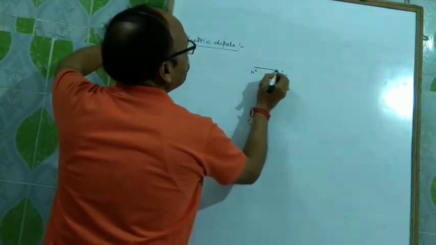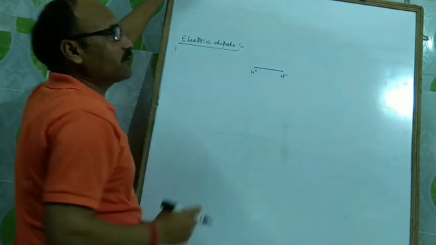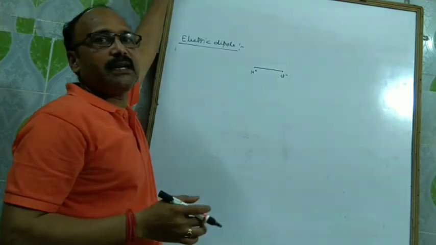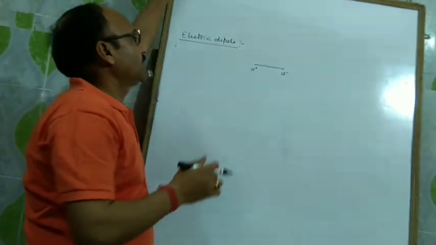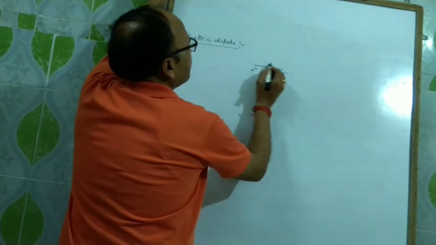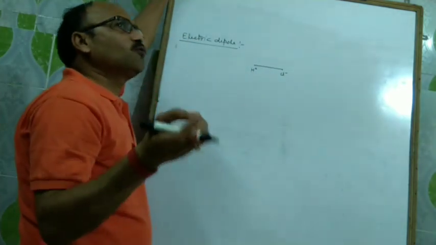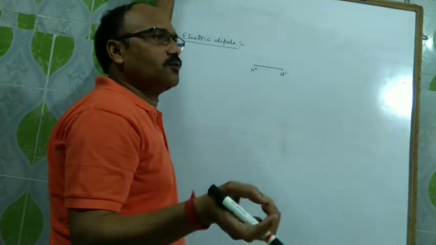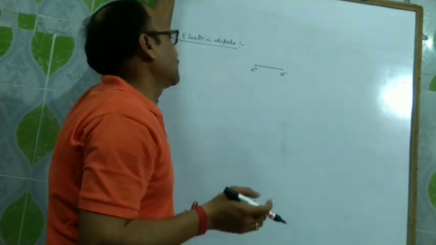So these two charges are equal in magnitude and opposite in direction, and these are separated by a very small distance. This distance is always represented by 2L, either by 2L or 2A or 2D.